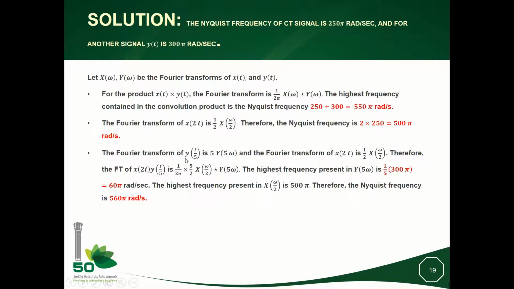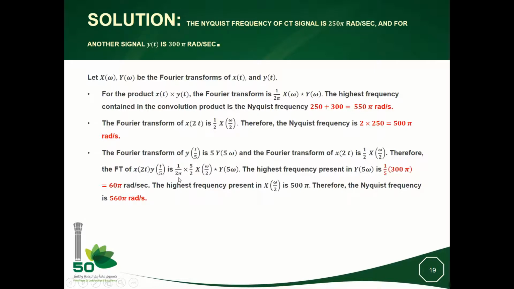To deal with the product of the two signals, x(2t) and y(t/5): here we have a coefficient a which is greater than 1, and here we have a coefficient a which is less than 1.